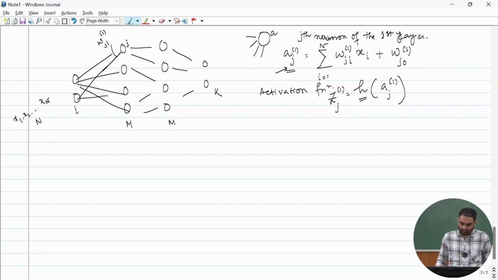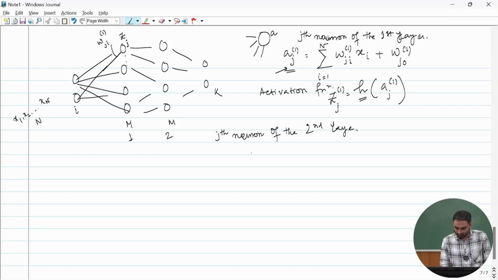But before that, all these Z's will be computed here in layer 1, the first layer, and in the second layer, let's say there is a neuron which is the jth neuron of the second layer.